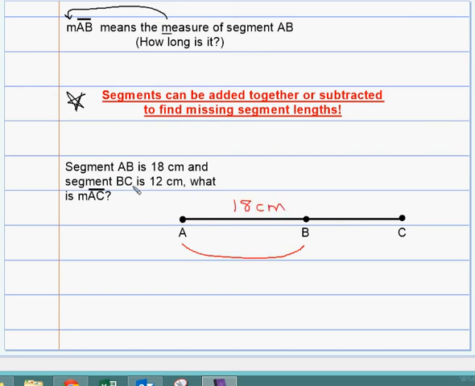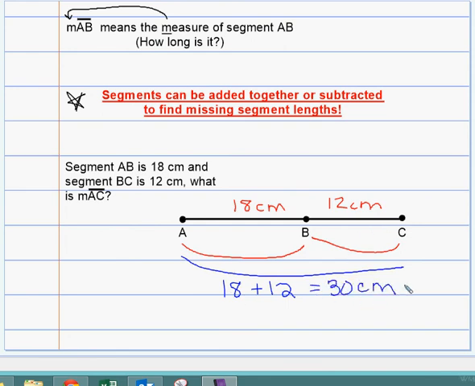And then we're told segment BC is 12 centimeters, so that would be from here to here, 12 centimeters. And then they want to know, what is the measure of AC? So they want the whole thing. Well, add those two up. 18 plus 12 will be 30.